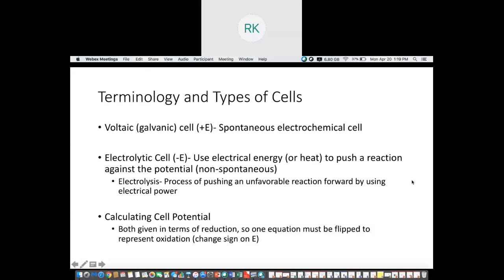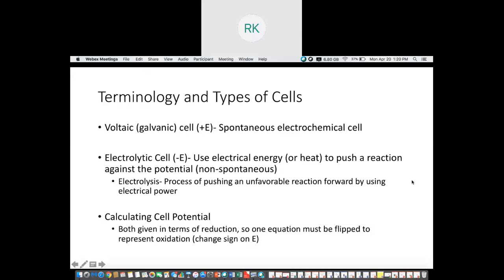And remember that your reducing agent is what is oxidized, okay? So things with very negative E values in terms of reduction often are flipped, and they are often good reducing agents, okay? Just another term to know.